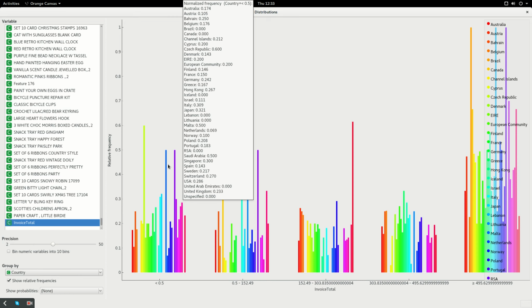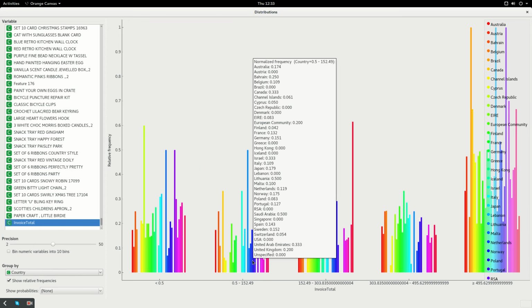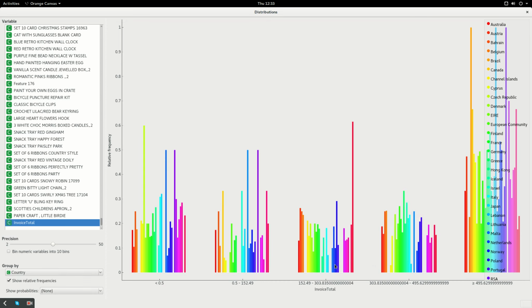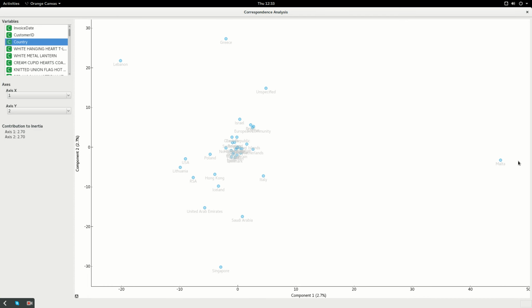It's definitely not something that you would like. And conversely it obviously has a very low amount of transactions in the other bins, 10%, and probably another 10% over here. So that is why Malta is quite far out.